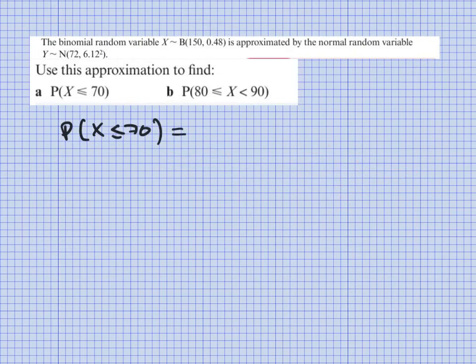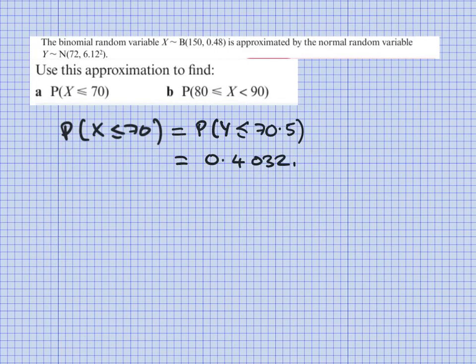So this is equal to the probability that Y, the normal distribution, is less than or equal to 70.5. And then you can just use the calculator to type those in, and that is 0.4032.